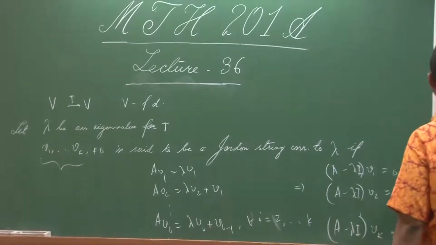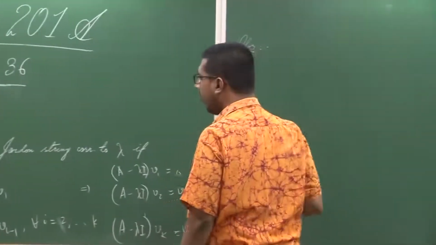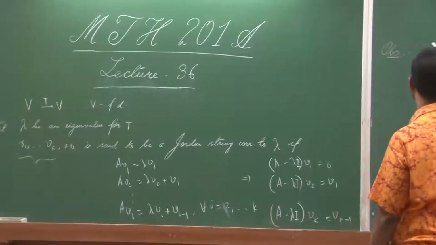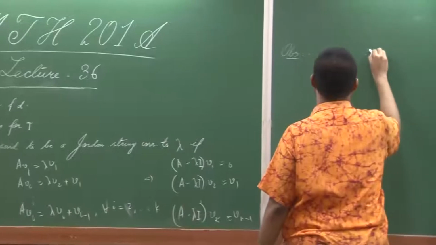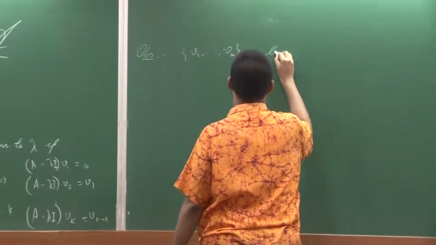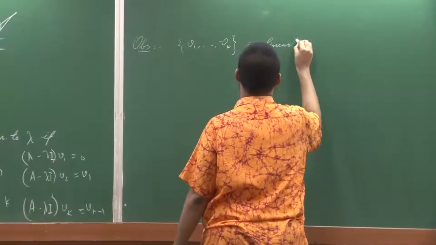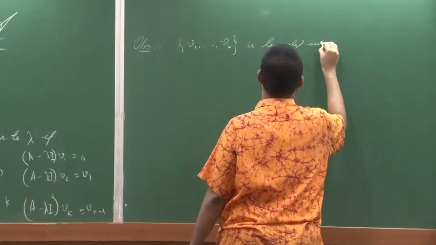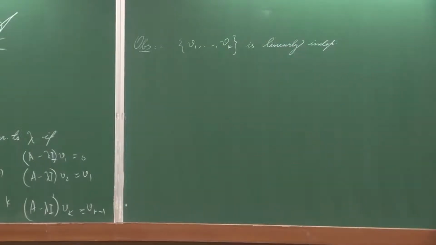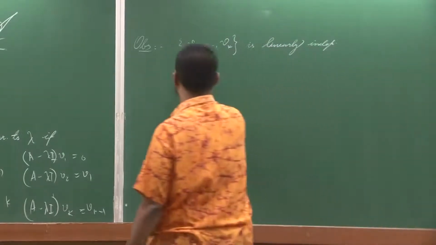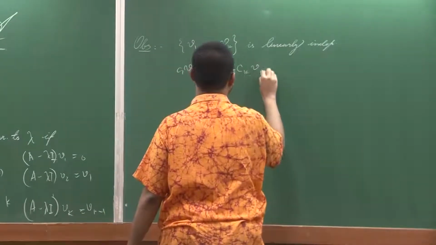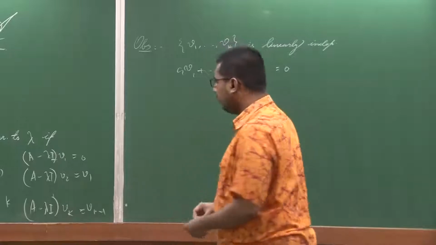So, the first observation is, if this is a Jordan string, then it has to be linearly independent. Why? That is easy to see. Suppose a linear combination is 0.